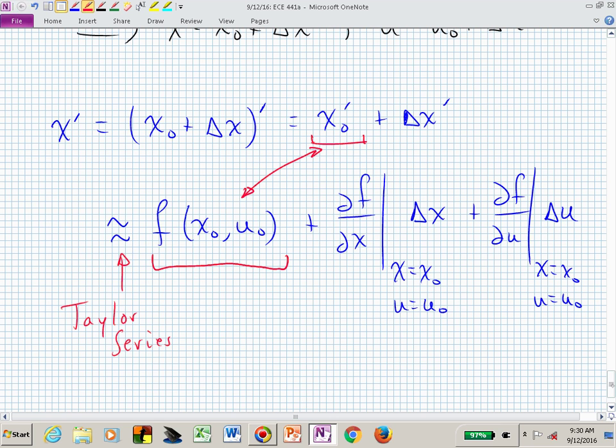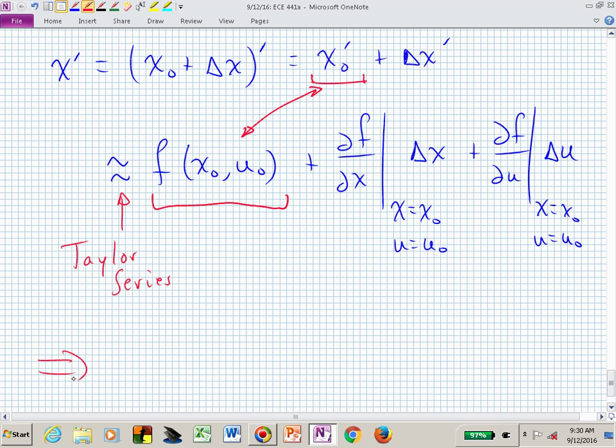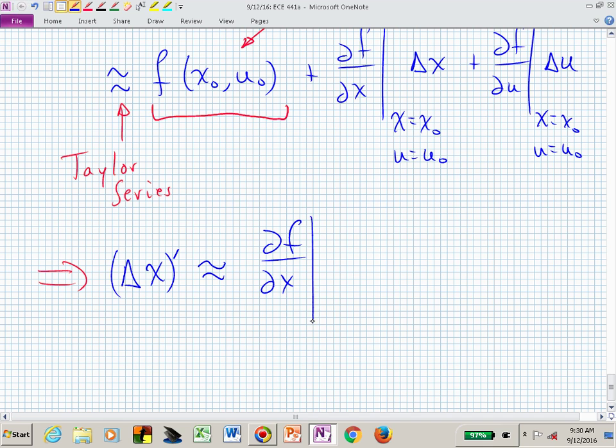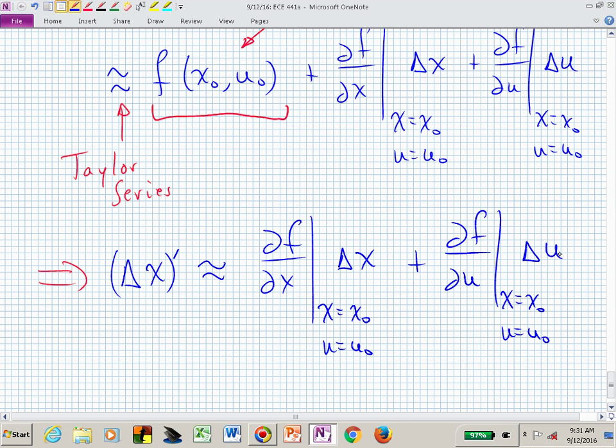On the left-hand side, we're left with the time rate of change of delta x, and that's now approximately equal to the partial of f with respect to x evaluated at the operating condition times delta x plus the partial of f with respect to u times delta u.